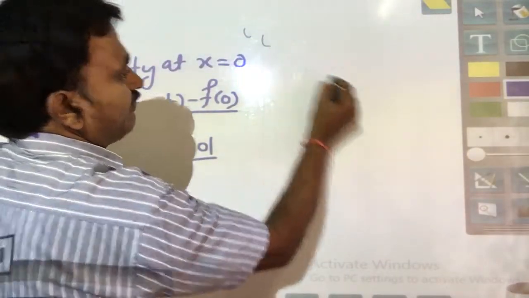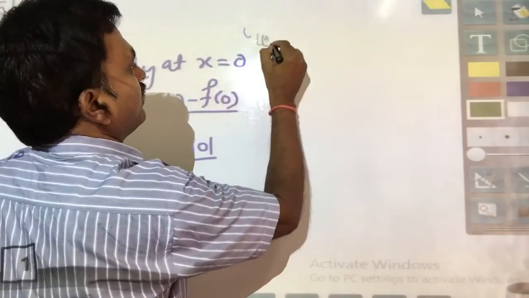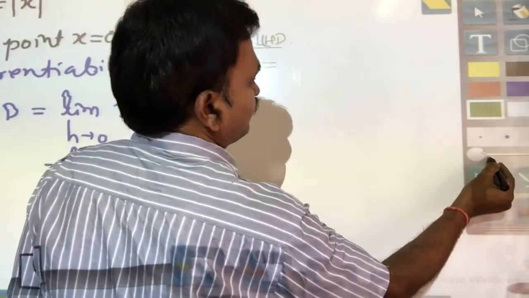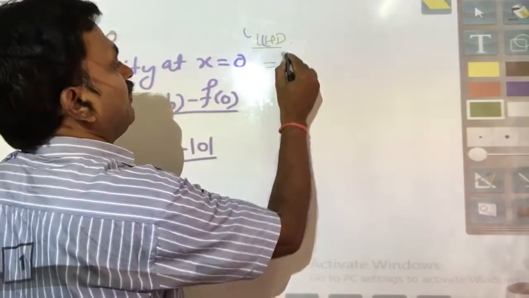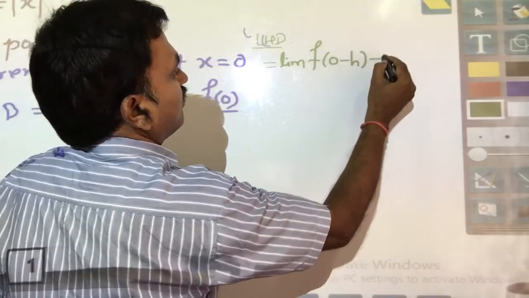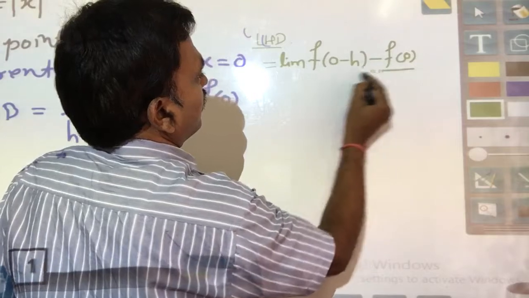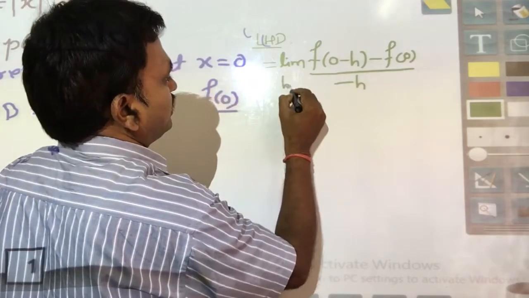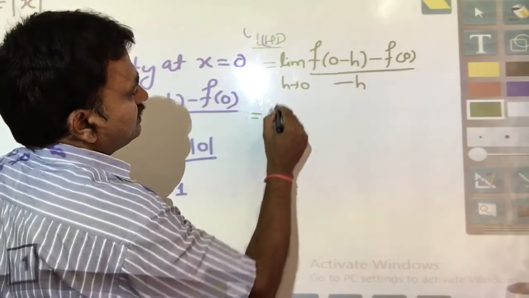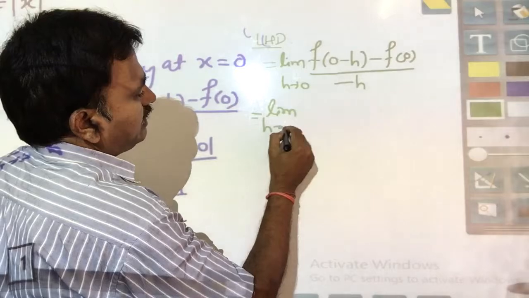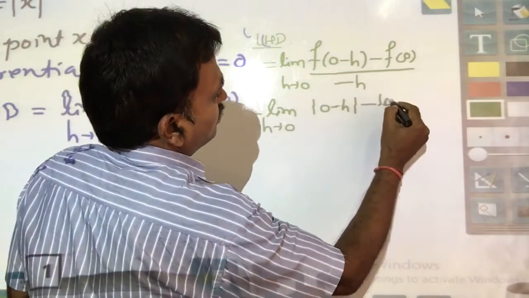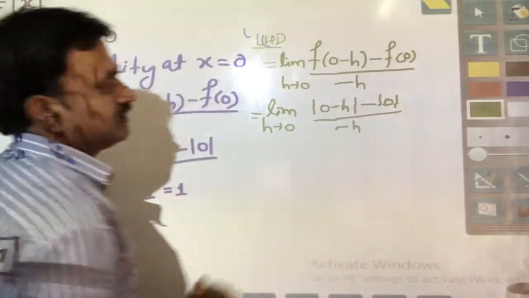So students, the left hand derivative is equal to the limit as h tends to 0 of f of 0 minus h minus f of 0, divided by minus h. Now when we calculate it, the limit as h tends to 0 of mod of 0 minus h minus mod of 0, divided by minus h.